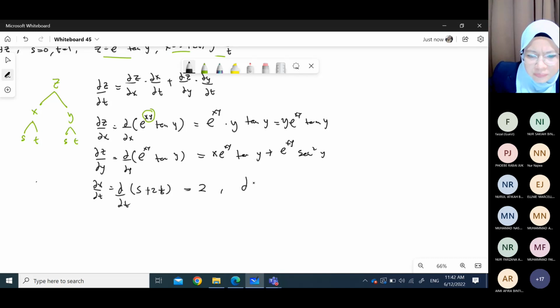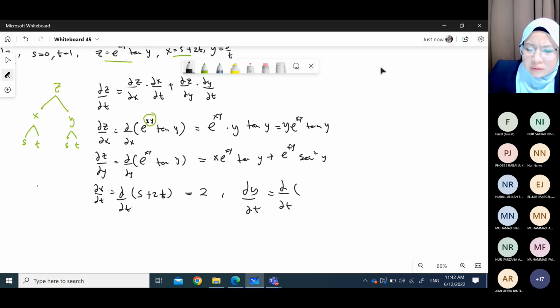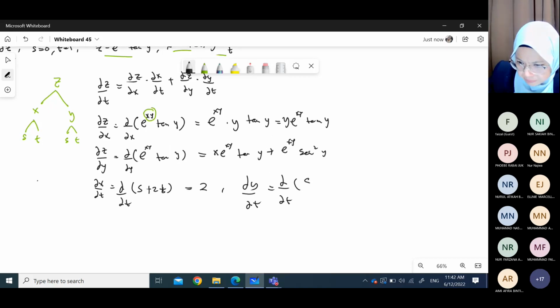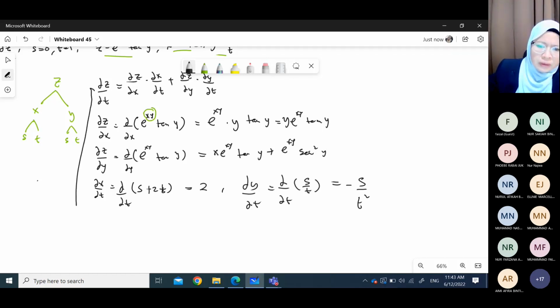And then derivative with respect to t on y. Our y here is s over t, betul? S over t. So we have negative s over t squared. And then you masukkan semua dalam formula yang ini.